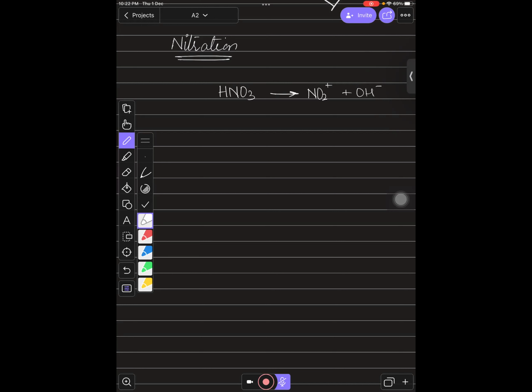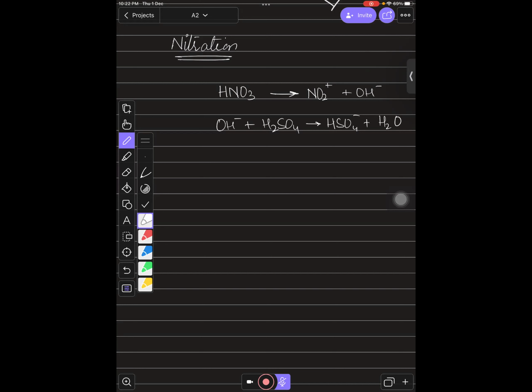Right now it is acting as a base. It is providing its H ion, right? And this hydroxide, which is formed right now, is going to react with sulfuric acid. This is like a neutralization reaction, and over here a water molecule forms.